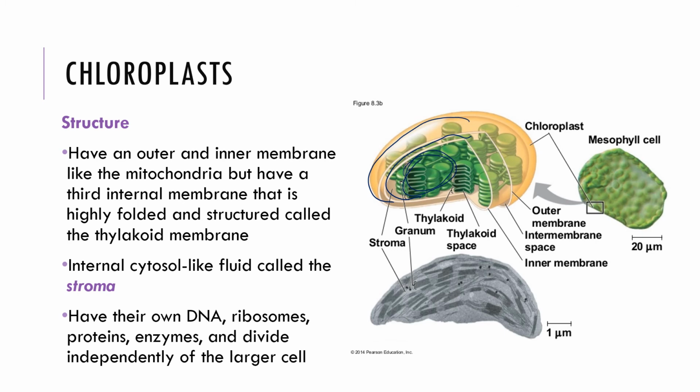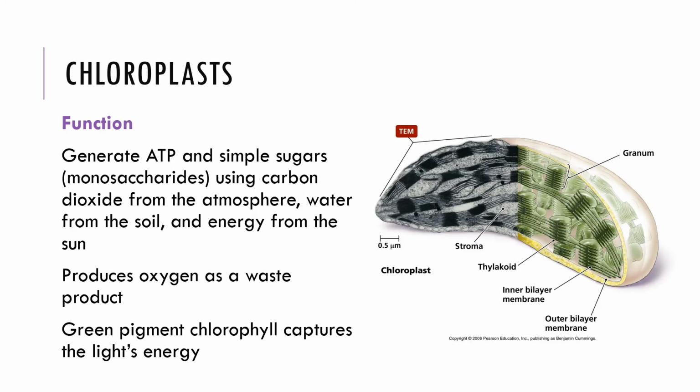We're going to talk about these more when we get into our energy unit. The function, though, is to make simple sugars using carbon dioxide from the atmosphere, water from the soil, and sunlight energy. It produces oxygen as a waste product, and we use a green pigment called chlorophyll to capture the light energy to power this whole chemical reaction.